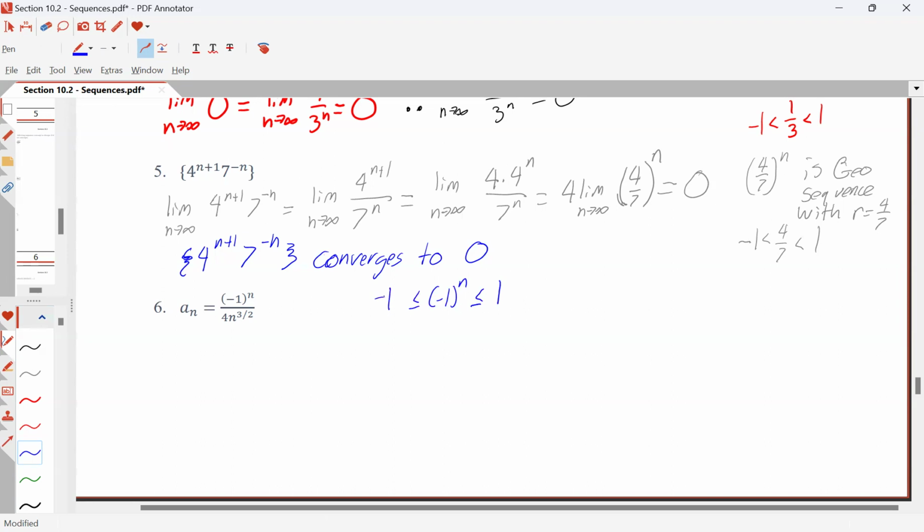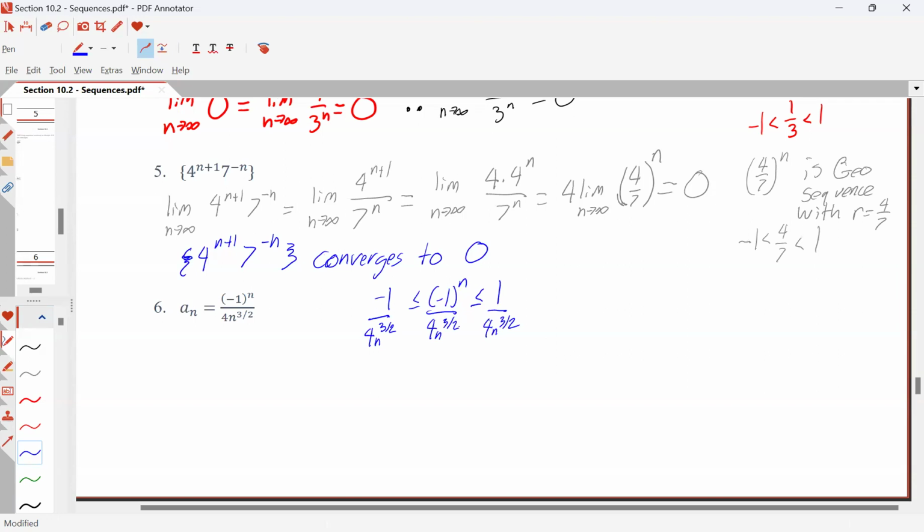So it's between those two values. Dividing everything by 4 times n to the 3/2, we have our sequence sit right between -1 over 4n to the 3/2 and 1 over 4n to the 3 halves.